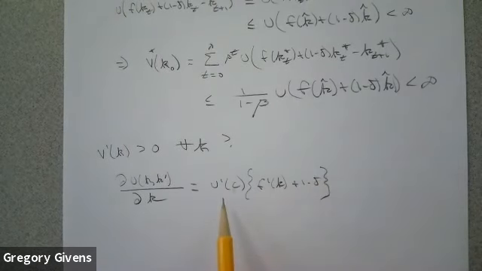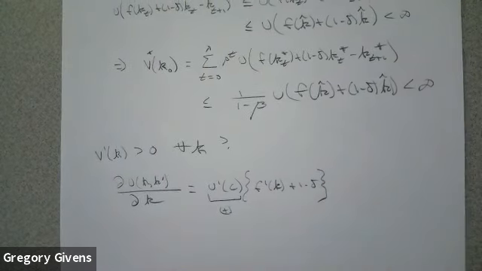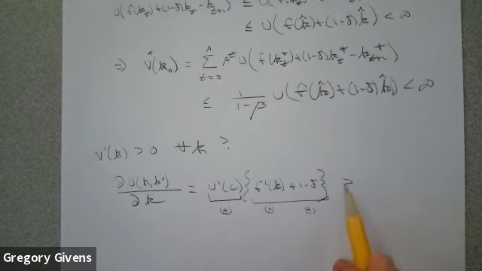Is u prime of c positive or negative? Utility is increasing in consumption. What's the sign of this? What's f prime of k? Is that positive or negative? It's positive. Plus 1 minus delta is positive. So it's a positive times a positive is a positive. So you increase the capital stock, you're going to increase the value of utility.